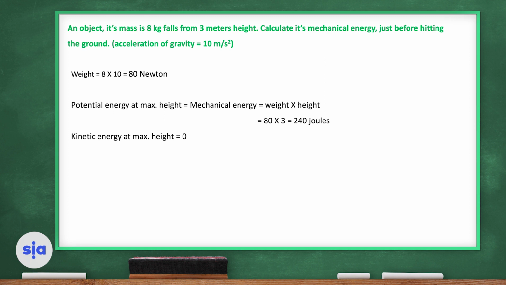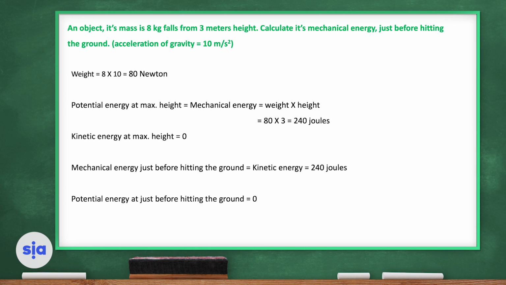What about the kinetic energy at maximum height? It's equal to 0. Therefore, mechanical energy just before hitting the ground will be equal to the kinetic energy, which is equal to 240 joules. And potential energy just before hitting the ground equals 0.